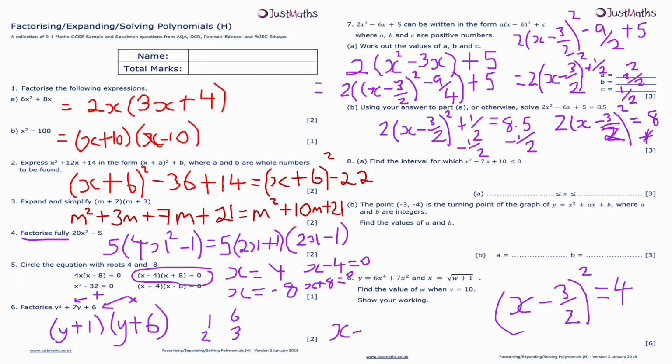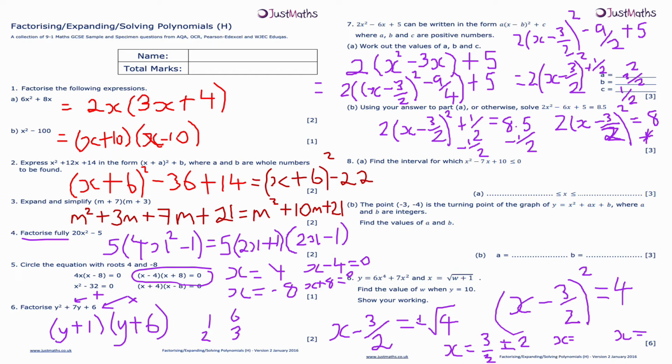And then adding 3 halves to both sides will give me my x solution: x is equal to 3 halves plus and minus the square root of 4, which is equal to plus and minus 2. So my final solutions are that x could equal 3/2 plus 2, which is equal to 7/2, or x could equal 3/2 minus 2, which is equal to -1/2.